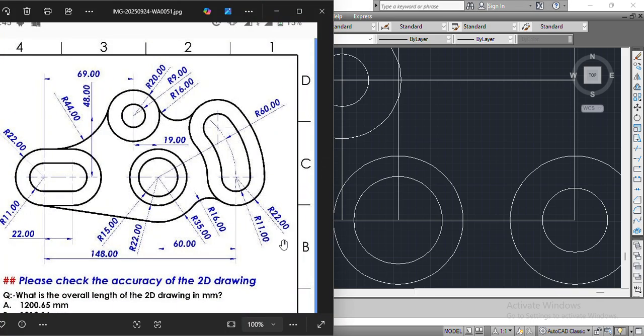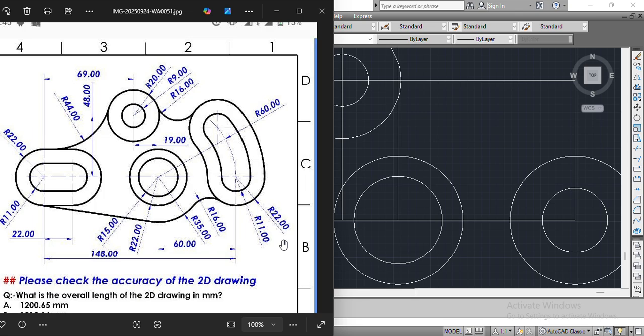You can also note that from this center, the center of the circle at the real center, of radius 15 and radius 22, there are a number of circles that originate from there.